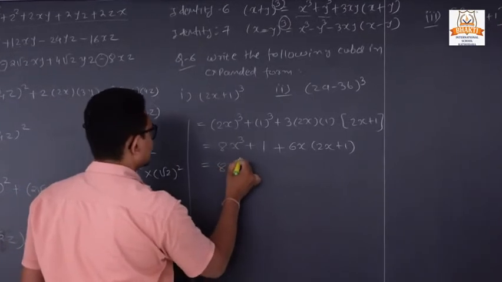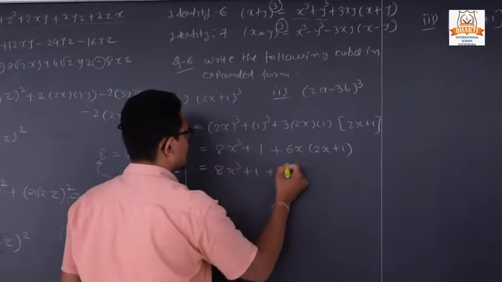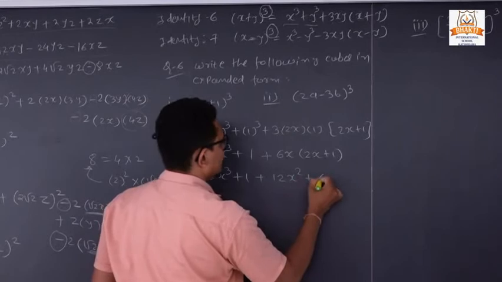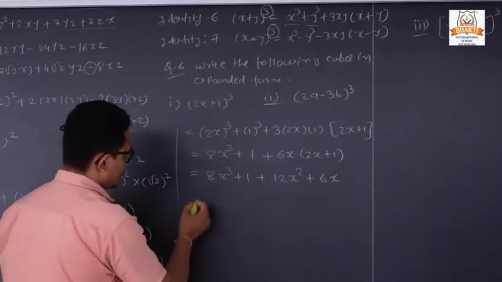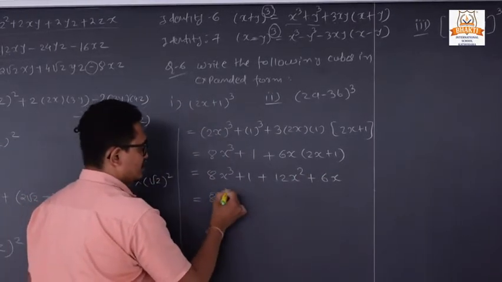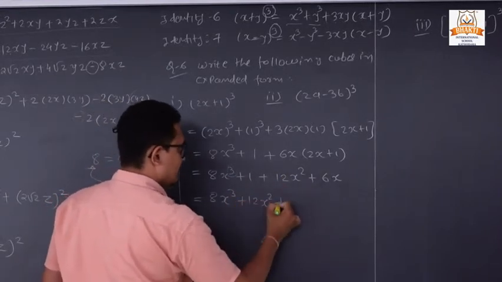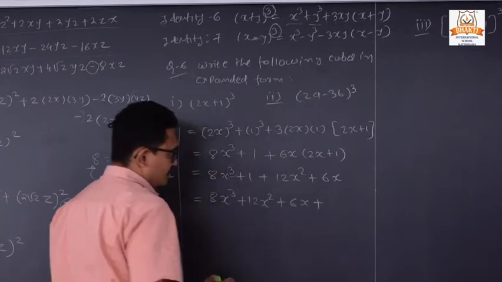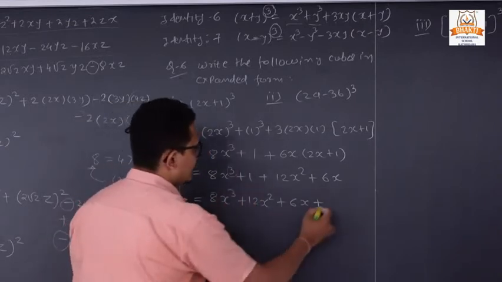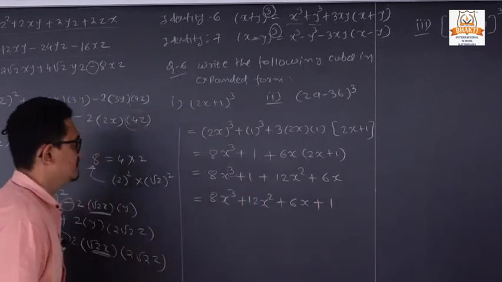Once again we can expand, 6 times 2 is 12x square, plus 6x. So now we can also write it like that: first the cube, then the square power, then the power of 1, and at last the constant.